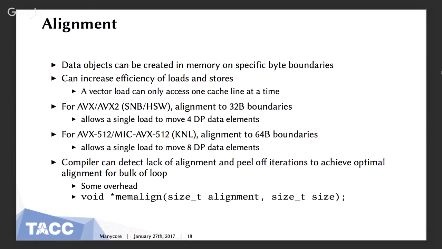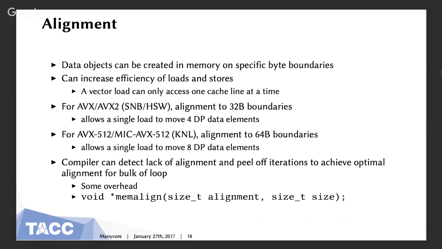Because the cache line is 64 bytes, for something like AVX or AVX2, where I'm loading 32 bytes simultaneously, I want them to line up on 32 byte boundaries in the code. And I'll show you a schematic of this on the next slide.